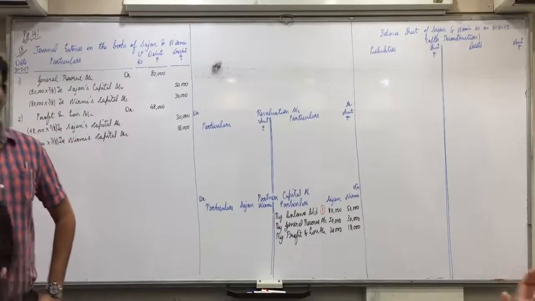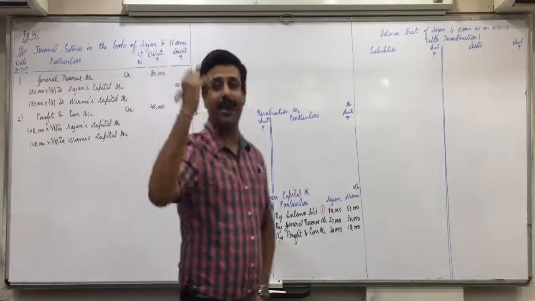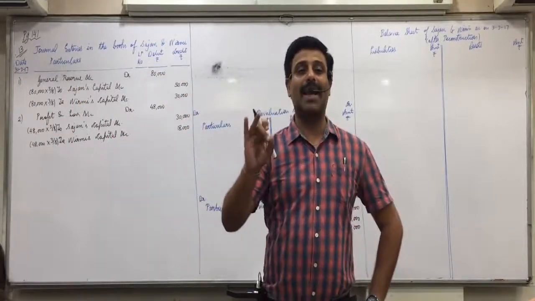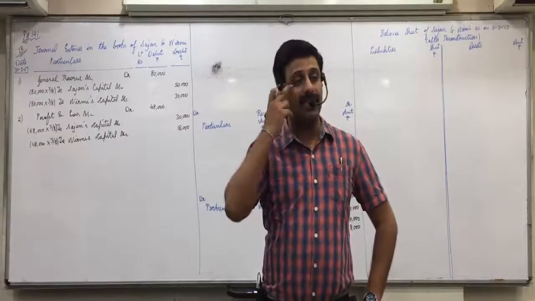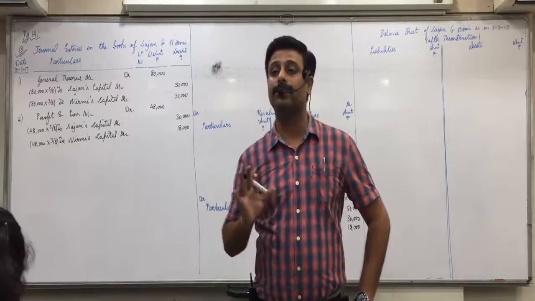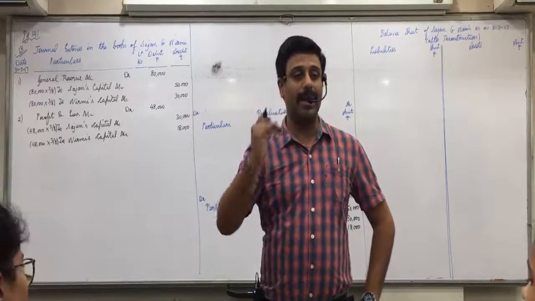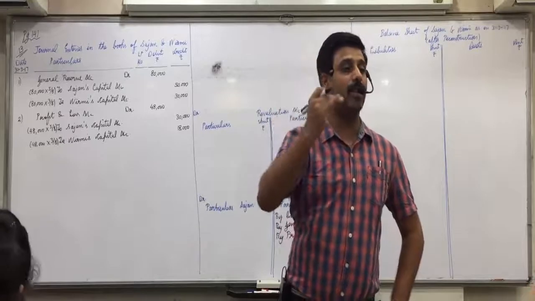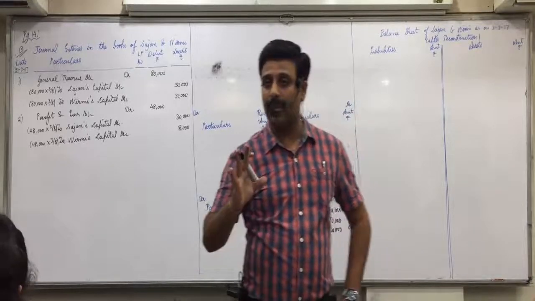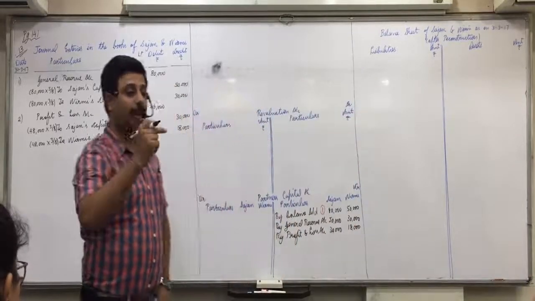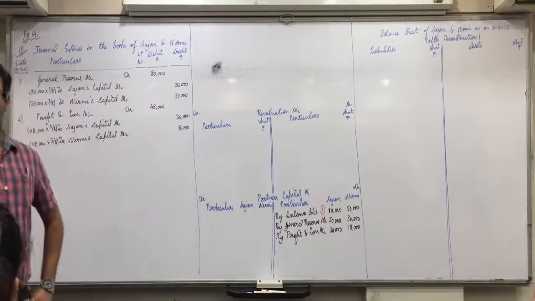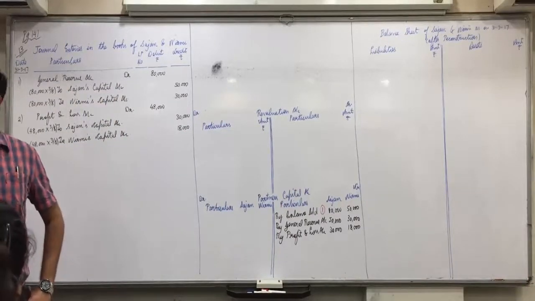Yes, the land and building is to be increased by 10%. So 1,40,000, 10%, 14,000 is our profit. Value of land and building is increasing, so it is our profit. Any confusion with that? Profit means we will credit revaluation, and what we will debit is land and building.